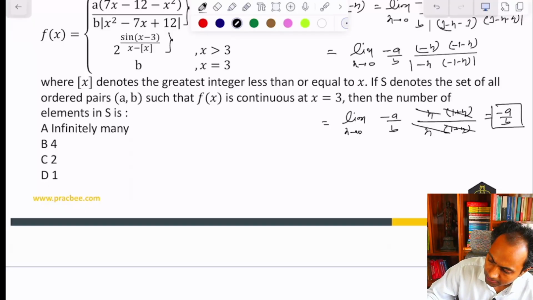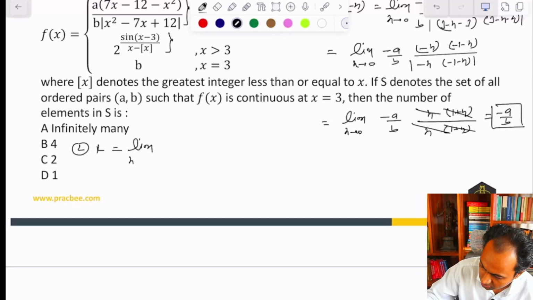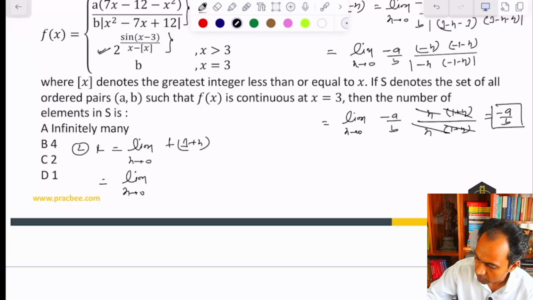In the second part, that is RHL. Now we'll write limit h tends to 0, f of 3 plus h. Now if I apply this, let us see what do we get. So for this, we'll have to consider this function. So 2 raised to the power sine of (3 plus h minus 3) divided by 3 plus h minus GIF of 3 plus h.